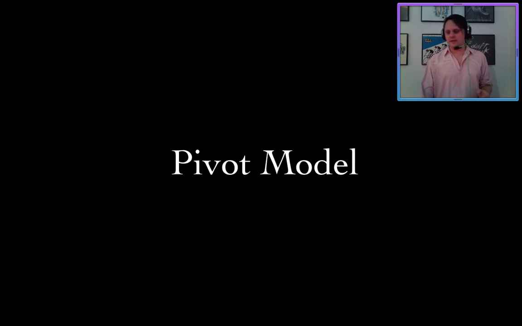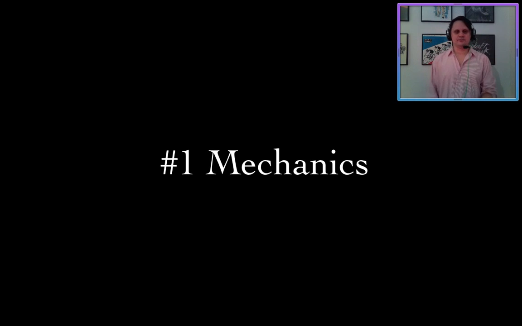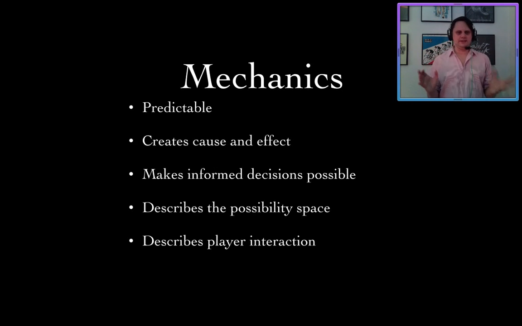So the first element you're going to need is mechanics. Game mechanics are something that every game needs, which basically creates a cause and effect system in your world. So here are some of the things you need. A mechanic is predictable. And this is really important because, by being predictable, it means that you can make proper decisions.